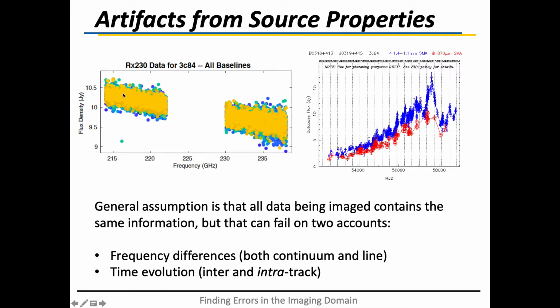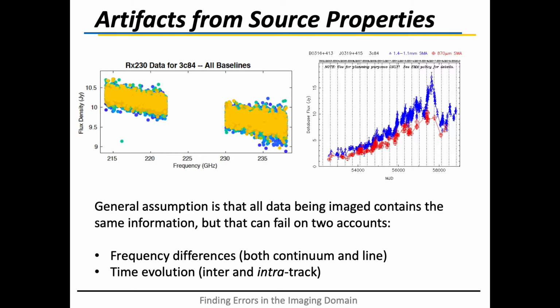And so when you average together over a very wide bandwidth, you can get brighter data points mixed in with fainter data points, and the image that you're reconstructing is having to reconcile between what is really somewhat disparate data, because they are actually measuring different things in the sky. So you can get image errors from basically averaging together different frequency channels, even though they are at different frequencies. The interferometer is technically seeing a different thing in the sky.